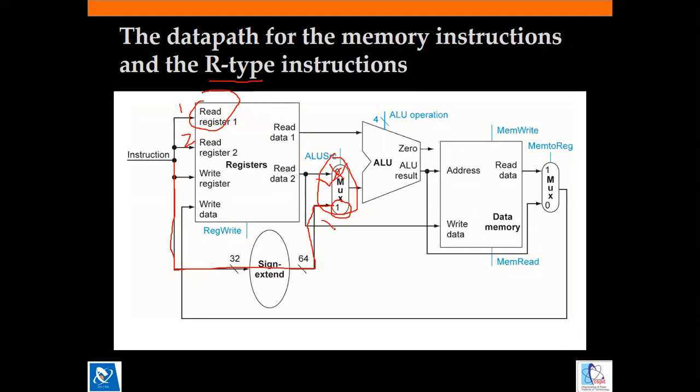That's why we require a multiplexer, and the signal of the multiplexer would be generated by the control unit. So this is how the input would be passed to the ALU. Once the input has been passed, whatever result is there of the ALU should go to the destination register. Suppose it is the add instruction, so that would go to the destination register like this.